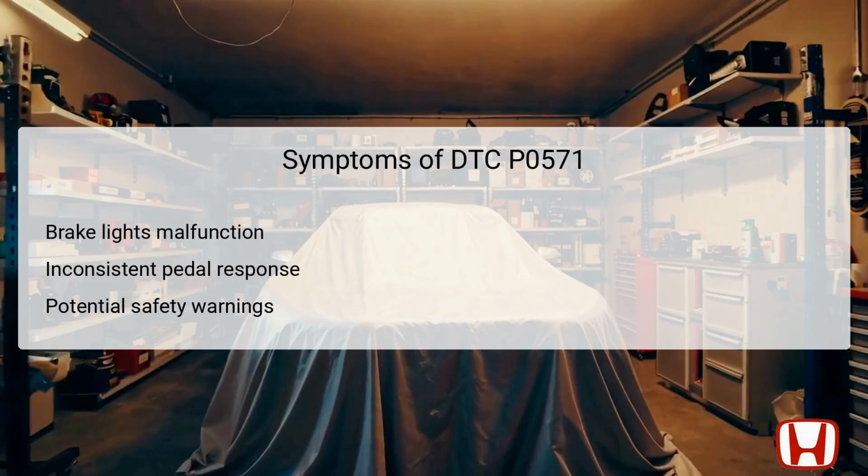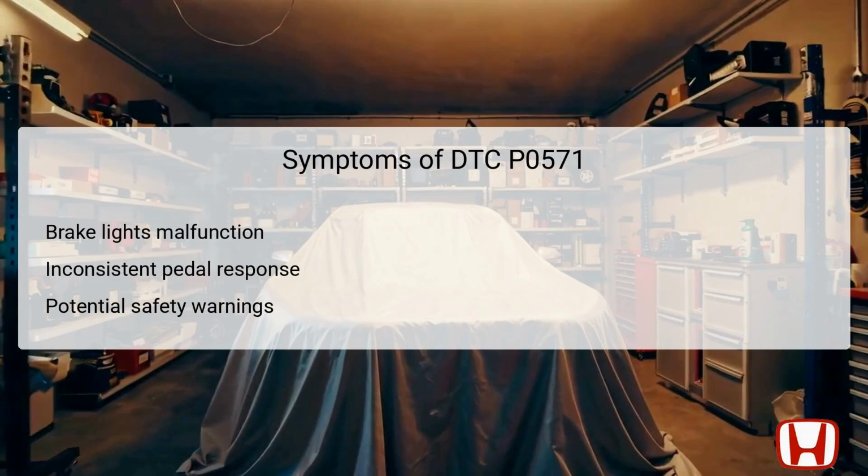The symptoms associated with DTC P0571 may vary, but several common issues can indicate a problem with the brake pedal position switch circuit. One noticeable symptom is a malfunction of the brake lights. They may fail to operate correctly, leading to safety concerns while driving. If the brake pedal position switch is faulty, users may also experience inconsistent pedal response, where the vehicle fails to accurately recognize the position of the brake pedal, possibly causing delayed braking.